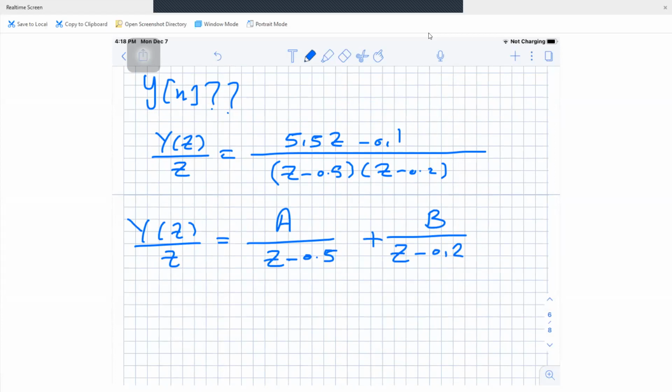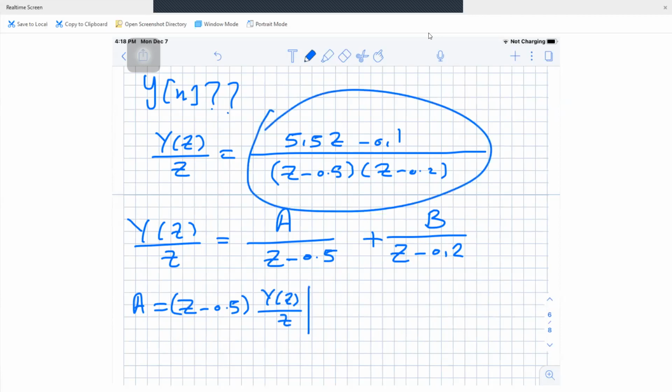Of course, we are going to determine the values of A and B, and then we will be able to determine the inverse. Now A will be z minus 0.5 multiplied by y of z over z, substituting at z equals 0.5: 5.5 z minus 0.1 divided by z minus 0.2 at z equals 0.5.